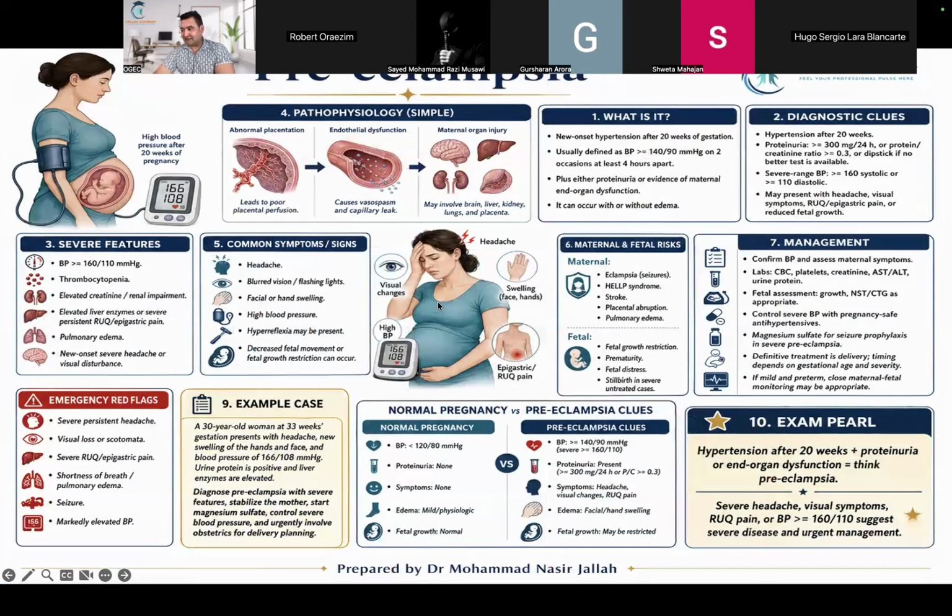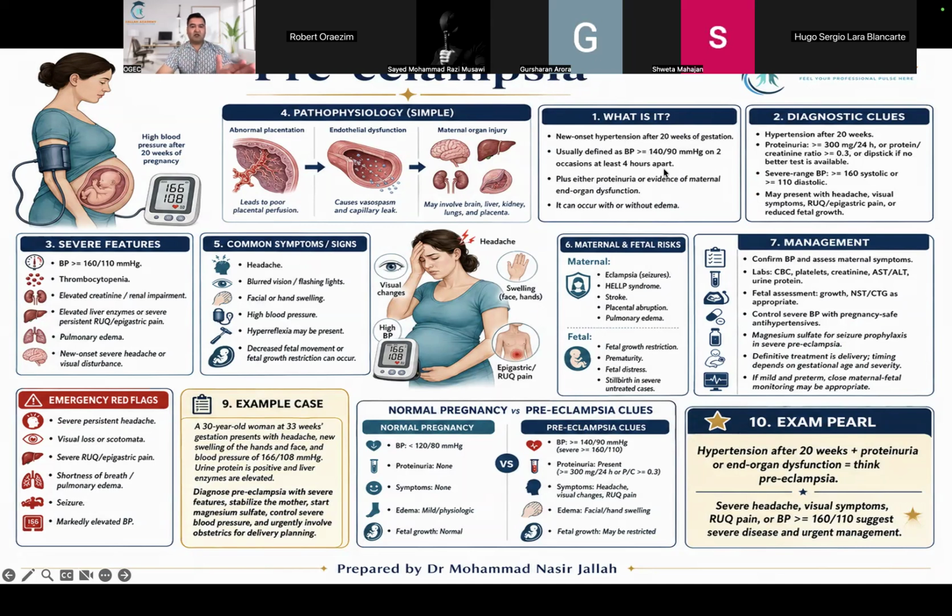Not very commonly tested. Preeclampsia, very commonly tested, and you have to know this. So what is it? New onset hypertension which happens after 20 weeks of gestation, usually defined as a blood pressure of over 140 over 90 on 2 occasions, at least 4 hours apart.